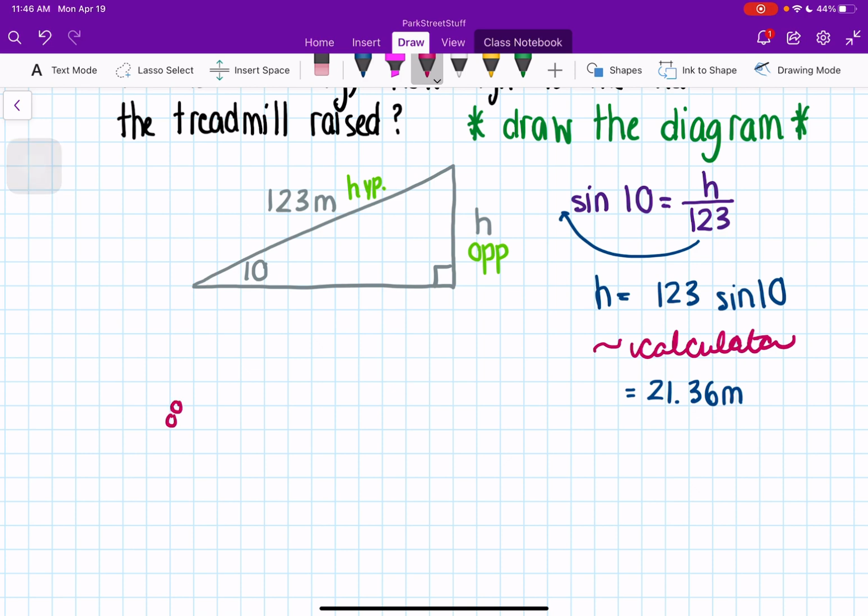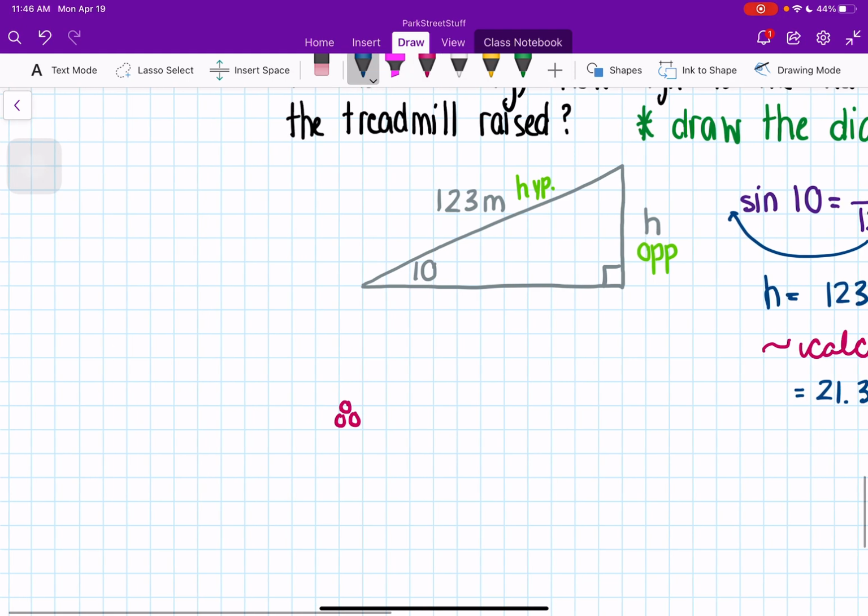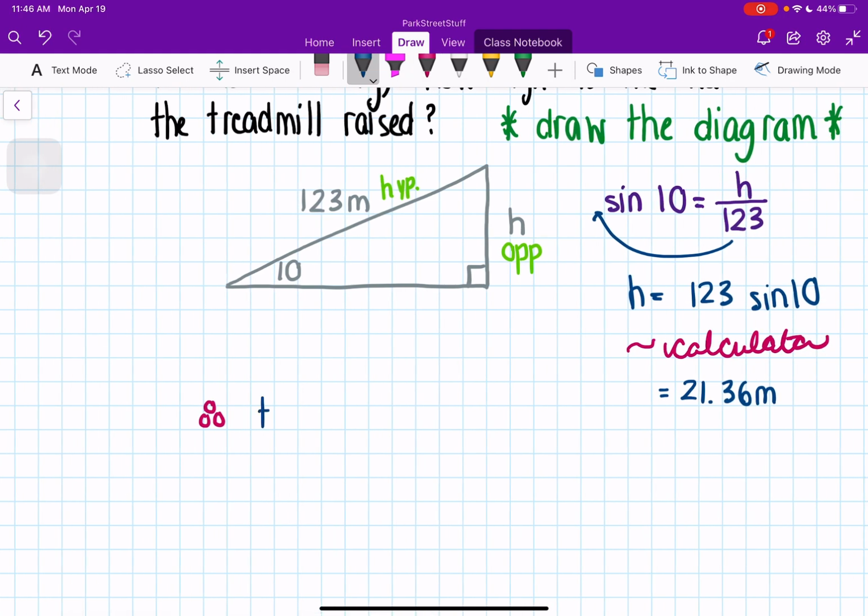So we're going to say, therefore, the treadmill is raised 21.36 meters. And that would give you the final answer.